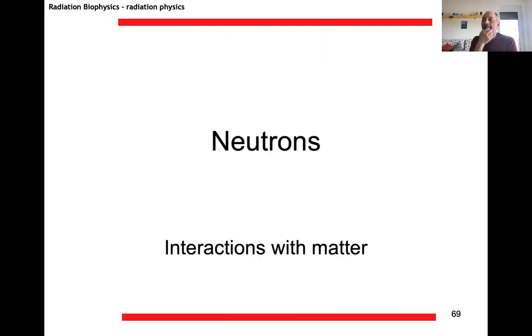Now, the last particles that we have to talk about are neutrons. From the physics point of view, neutrons are very well studied, especially in radiation protection, because they were in the atomic bomb and in nuclear power plants. Of course, neutrons represent one of the main risks for radiation protection.